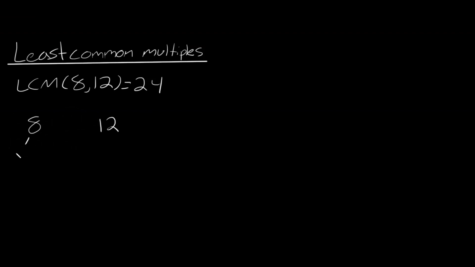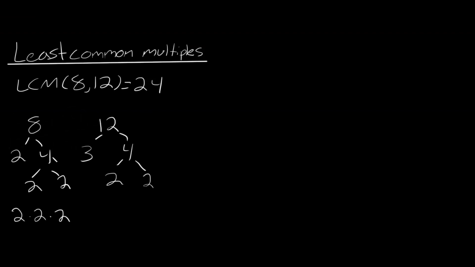So 8 can be broken down into 2 times 4, and then 4 can be broken down into 2 times 2. So its prime factorization is 2 times 2 times 2, and then 12 is 3 times 4, right? And then 4, like here, can be broken down into 2 times 2. So this prime factorization is 3 times 2 times 2, and I'll separate those.